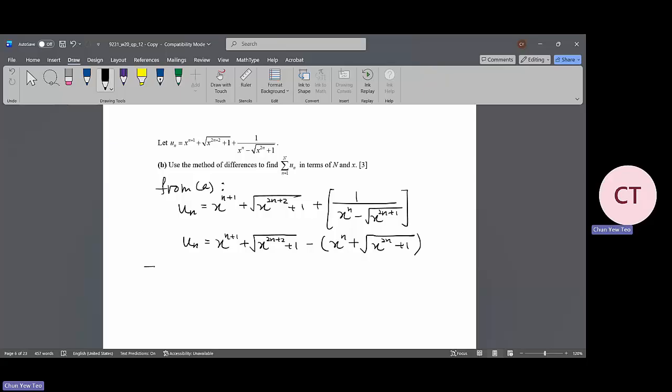So now the sum from n equal to 1 until n of the Un belongs to this: x^(n+1) plus the square root of x^(2n+2) plus 1, minus this.